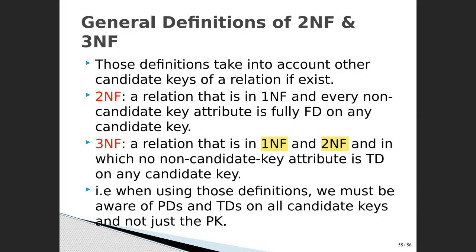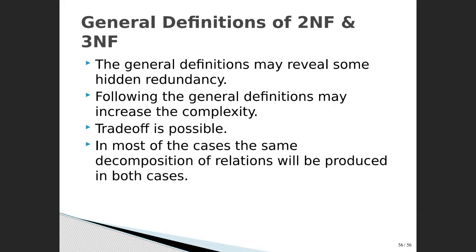Okay? So, of course, you are aware of partial and transitive dependencies, not just on the primary key, okay? Any other candidate key. All right. Here it says that sometimes decomposing relations will be produced in both cases.